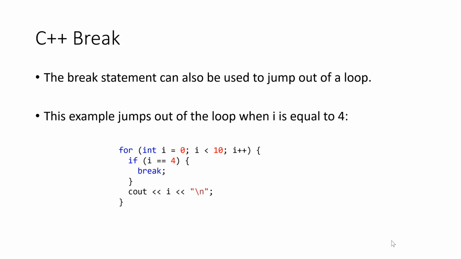So we printed I is equal to 0, I is equal to 1, I is equal to 2, I is equal to 3, but if the value of I becomes 4, we break out of the body of the for loop, and the program execution continues with whatever is after the body of the for loop. That is why we use the break statement, because we want to break out of the for loop when a certain condition is met.